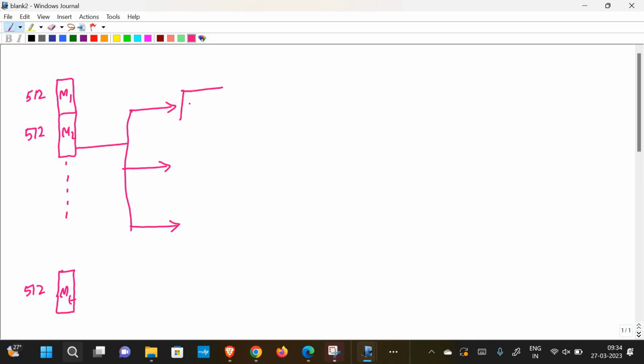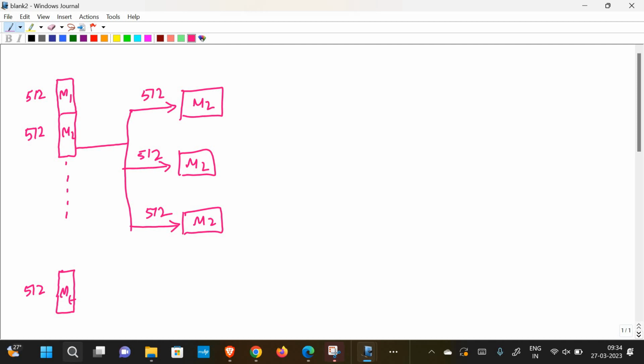Say this is M2, M2, M2. So this M2 I'm looking at. There are 3 replicas. Why do we need 3? Because each of these 3 replicas of data will undergo 16 rounds of combination. That means a total of 48 states it will go through.